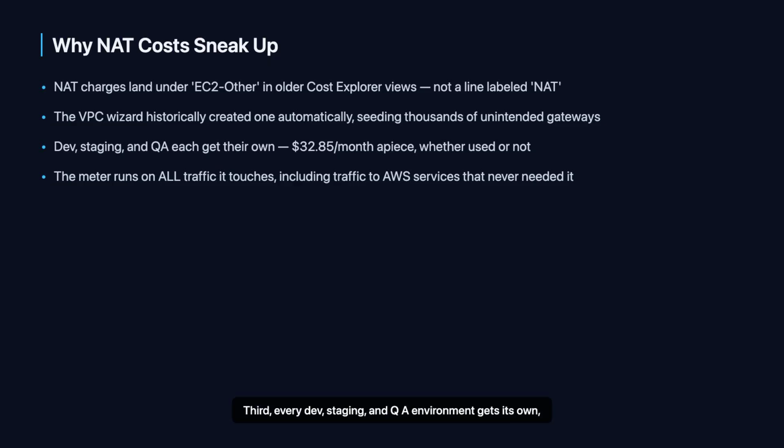Third, every dev, staging, and QA environment gets its own, costing about $33 a month each whether anyone uses it or not. And fourth, the big one, the meter runs on all traffic the gateway touches, including traffic to Amazon Web Services that never needed a detour through it in the first place.